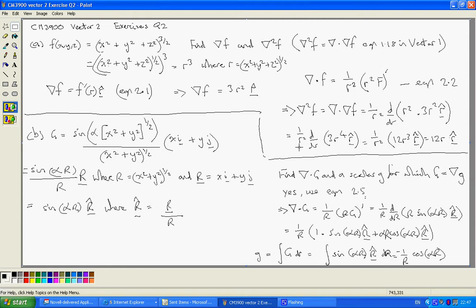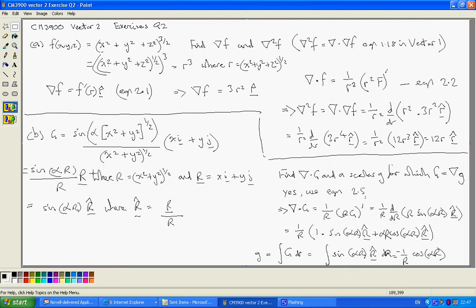And if we follow this through, we have 1 upon r squared times the derivative with respect to r of 3r to the power 4, because r squared times 3r squared is 3r to the power 4. Derivative of that with respect to r is 3 times 4r cubed, which is 12r cubed, and then 12r cubed divided by r squared is just 12r. That's the final part there.